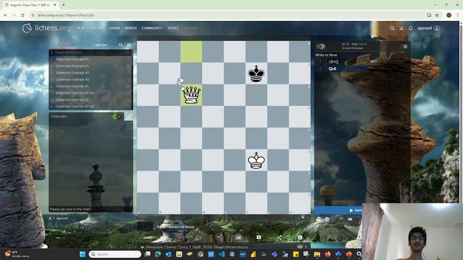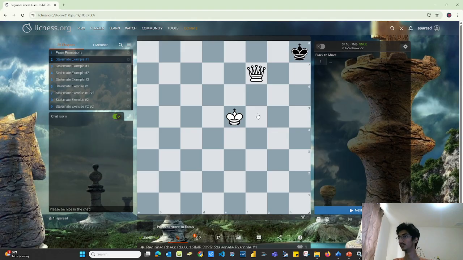To see what stalemate looks like, I have some examples here. Over here, it's black to move, and we have this black king over here. Wherever the black king moves, the white queen could capture the king, and if another piece can capture the king when the king moves there, then that's not allowed.